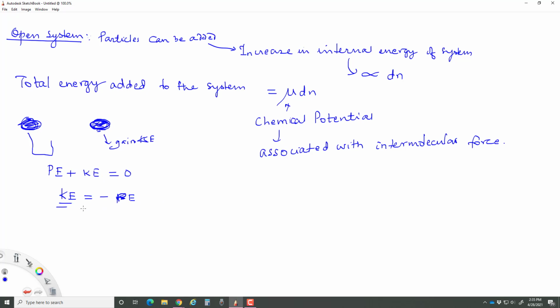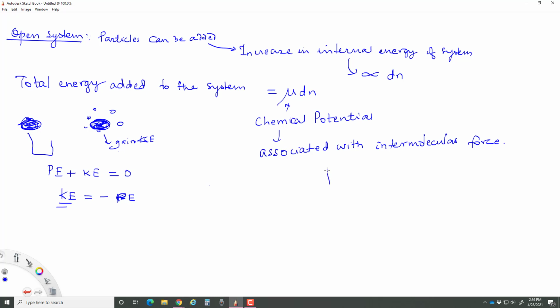As the added particles gain kinetic energy, they collide with the particles in the system and impart their energy to them, and that's how the particles in the system gain kinetic energy or internal energy after you add the particles.